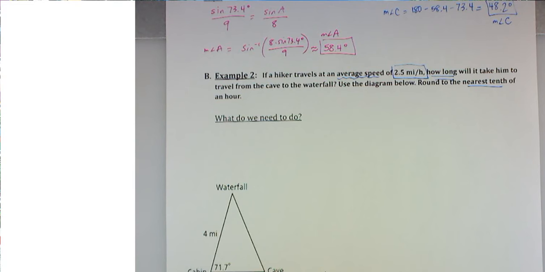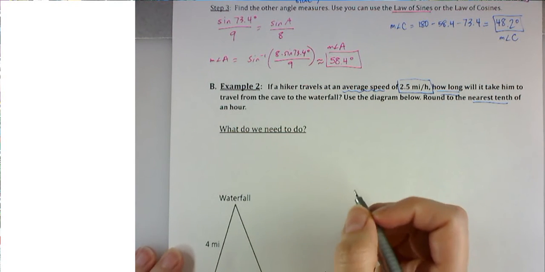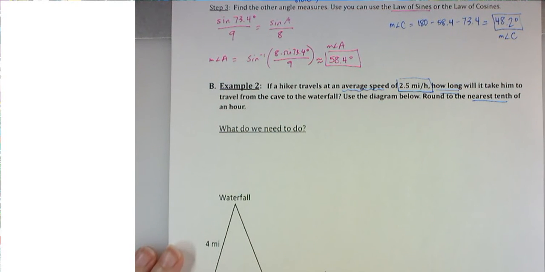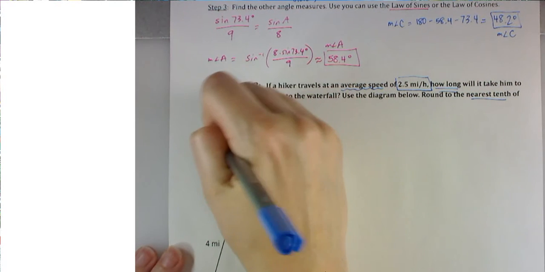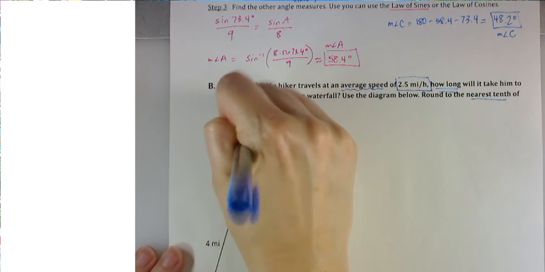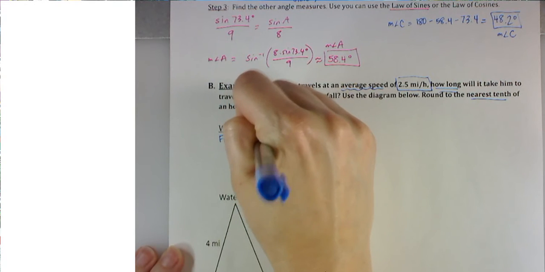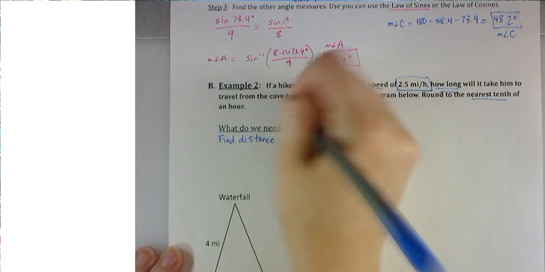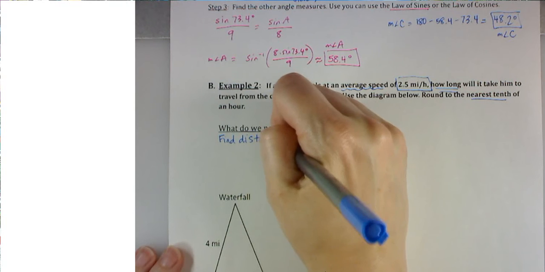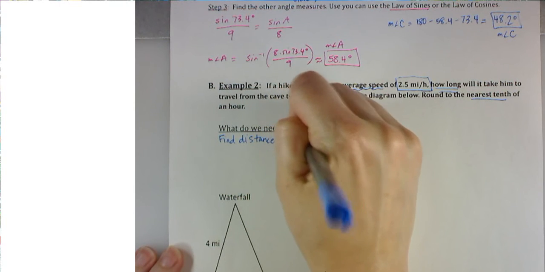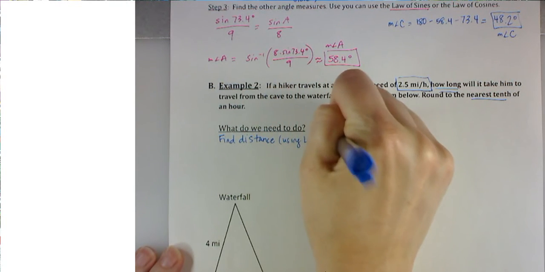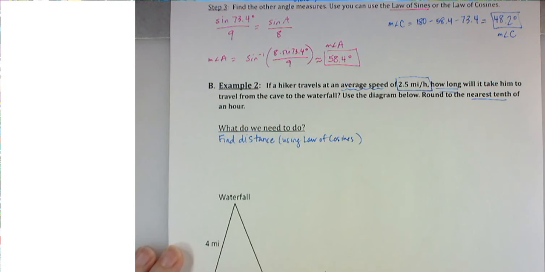The first thing we would do is draw a picture. That picture is already given to us. Then we're going to have to find the distance using the law of cosines. It says how long will it take him to travel from the cave to the waterfall? So find the distance using the law of cosines from the cave to the waterfall.